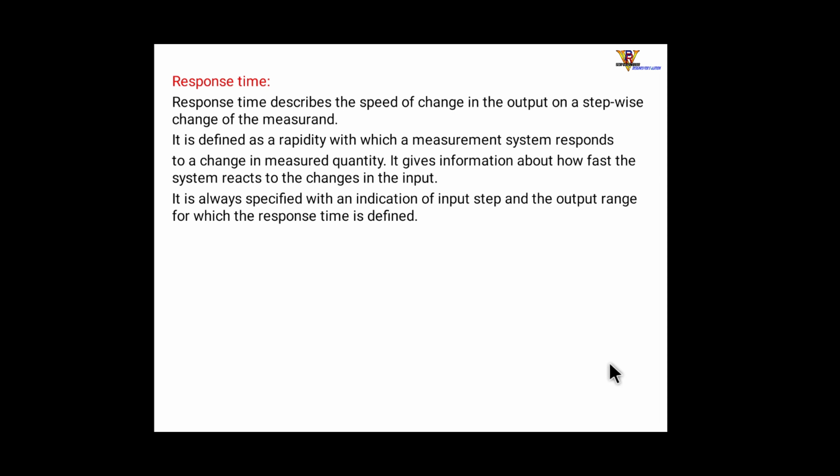And the last specification is response time. Response time describes the speed of change in the output on a stepwise change of the measurement which you want to measure. If you change the measurement in a stepwise manner, it shows how your device or sensor responds to its input. It is defined as the rapidity with which a measurement system responds to a change in the measured quantity.